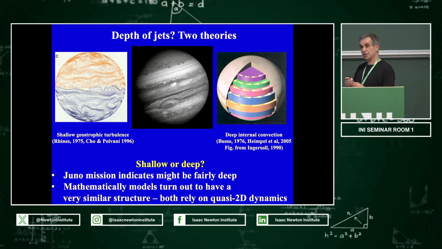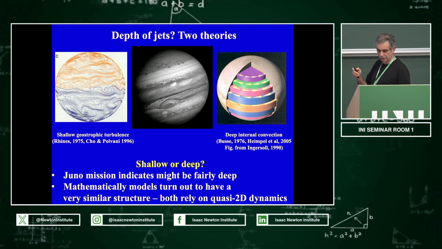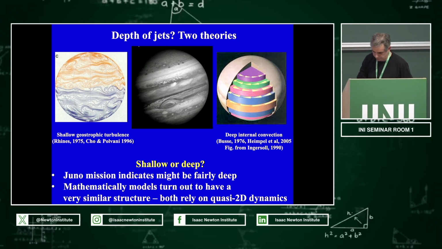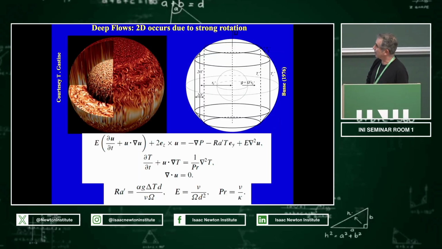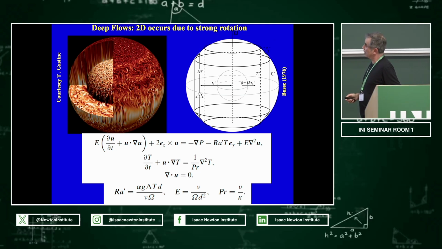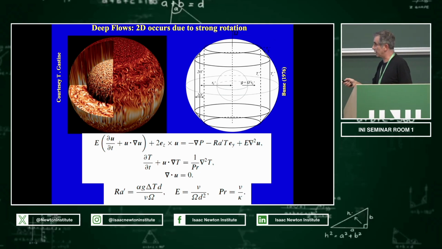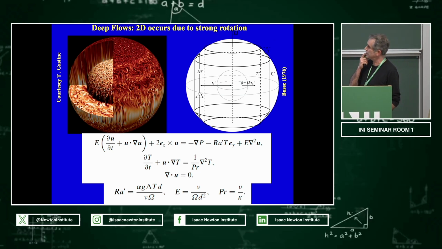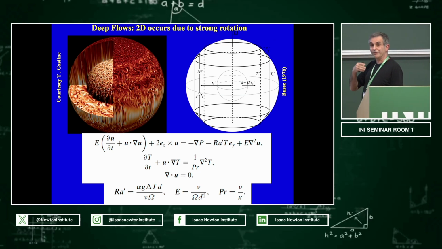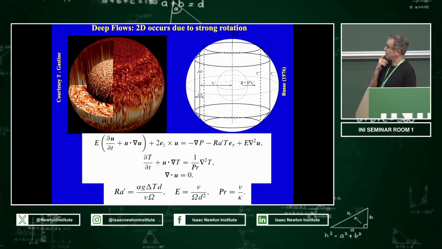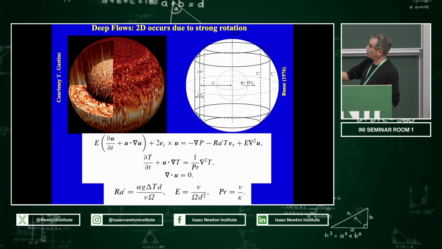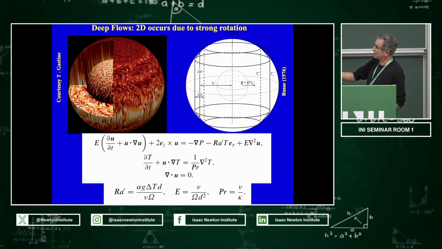So rapid rotation, as we've heard, wants to align turbulence with the rotation axis. I'll show you some pictures. This is a heroic calculation by Thomas Gastine of convection in a rapidly rotating spherical shell. What you can see here is that the convection cells are small in this direction, but elongated.